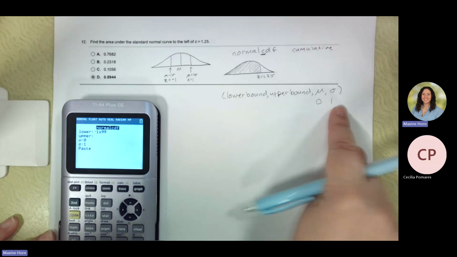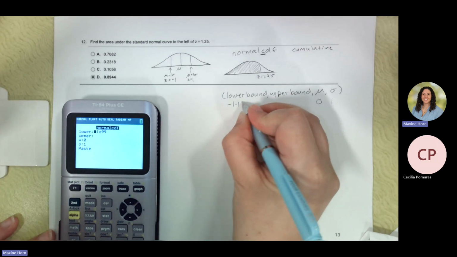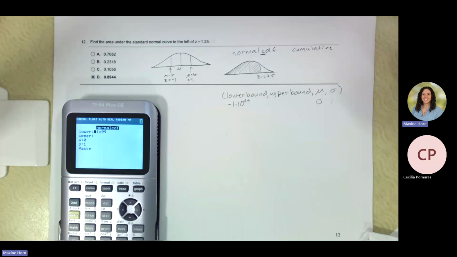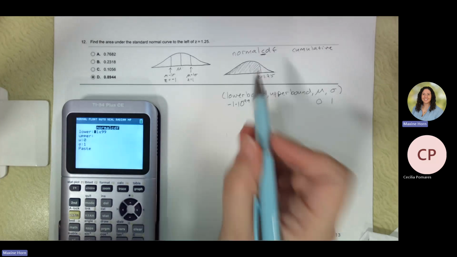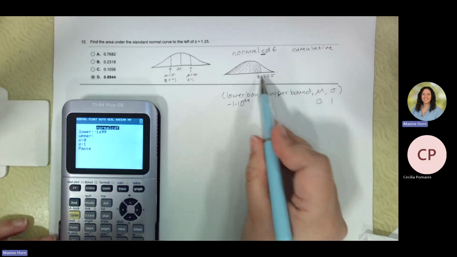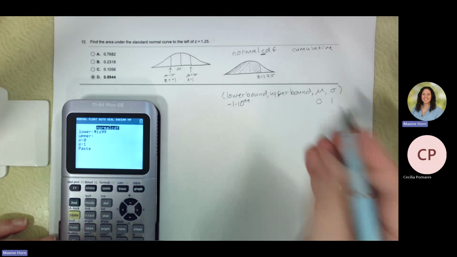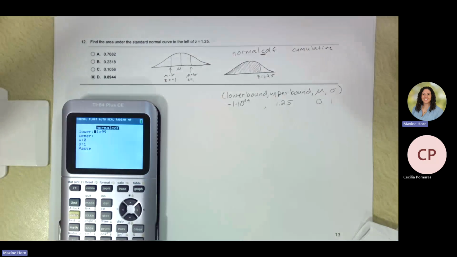So our lower bound would be -1 times 10 to the 99th power. That's often the kind of default they want you to use: a really, really big negative number. Our upper bound is our z-score here, that is our 1.25.